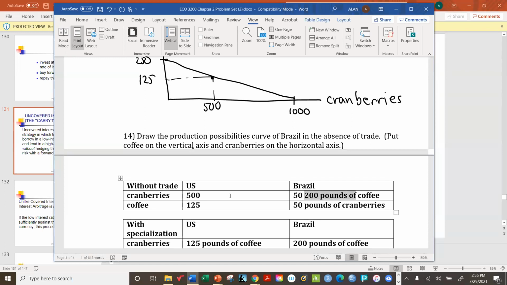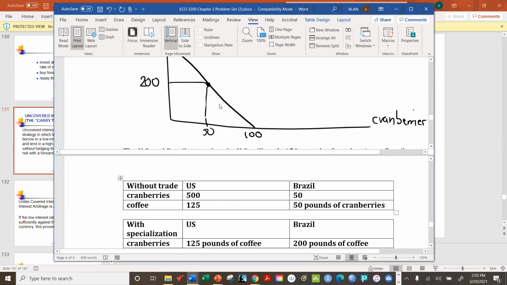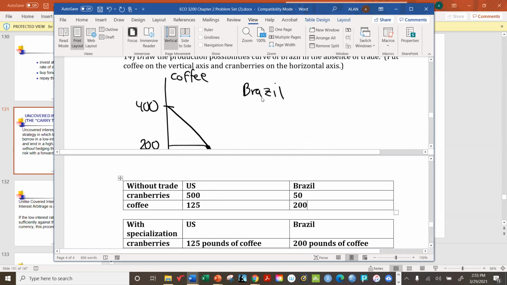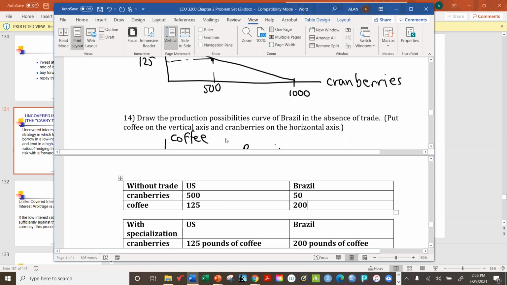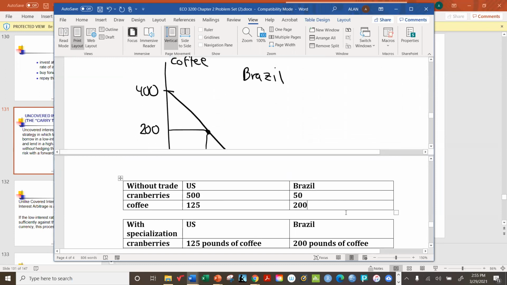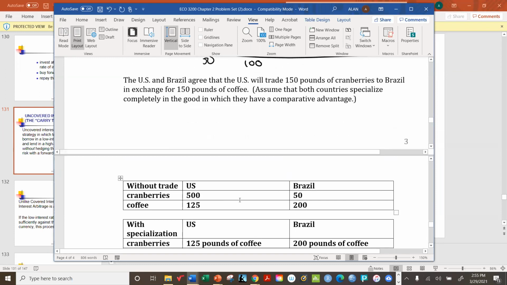Brazil makes 50 pounds of cranberries and 200 coffees, right? Okay. So that's why, because I shouldn't have used this table as a starting point, because I had everything backwards. So in other words, without trade, if you put cranberries on top, the US is producing 500 cranberries with 125 coffees, whereas Brazil is producing 200 coffees with 50 cranberries. All right, now it's all set.